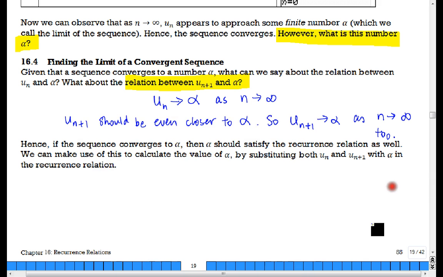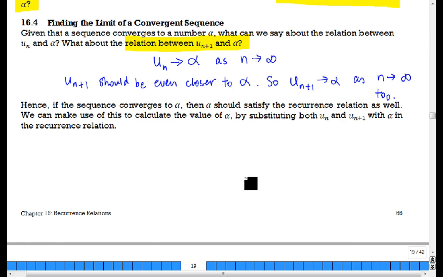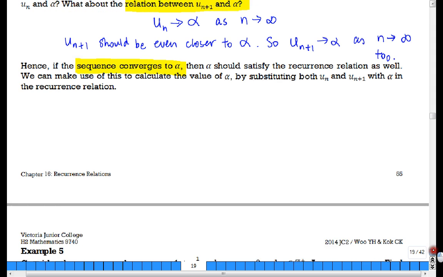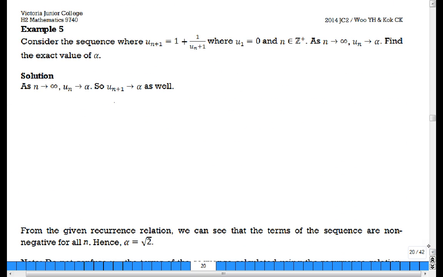I promise you I'll give you a mental break after example 5. I know it's a bit exhausting. My point is, the sequence should converge to alpha, and how are we going to find alpha? I am making use of this idea.